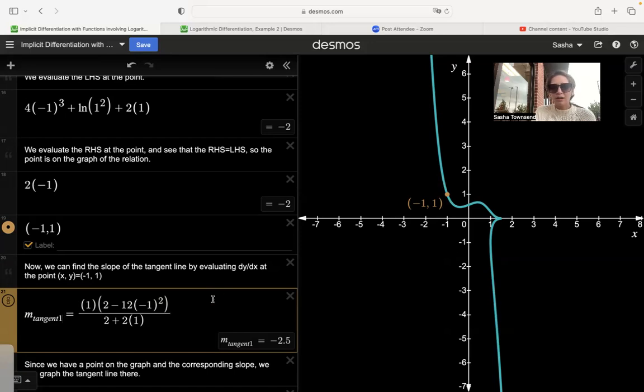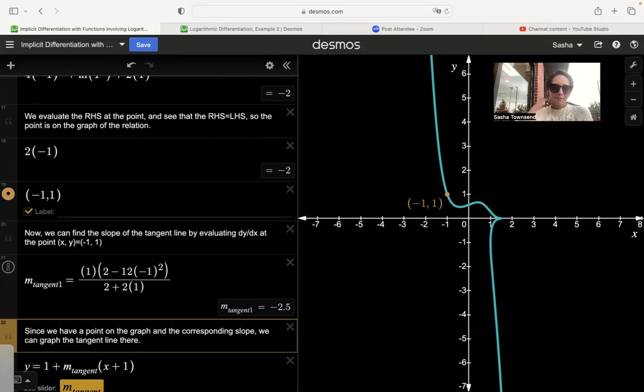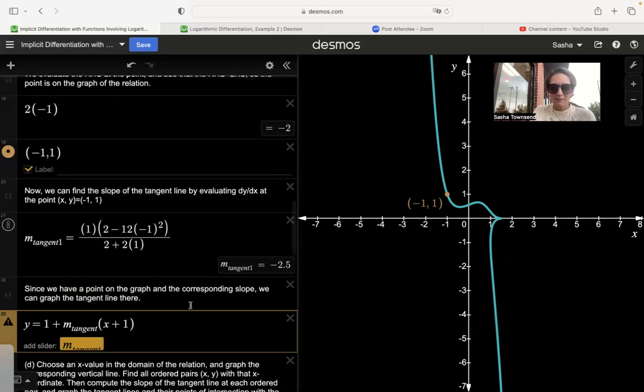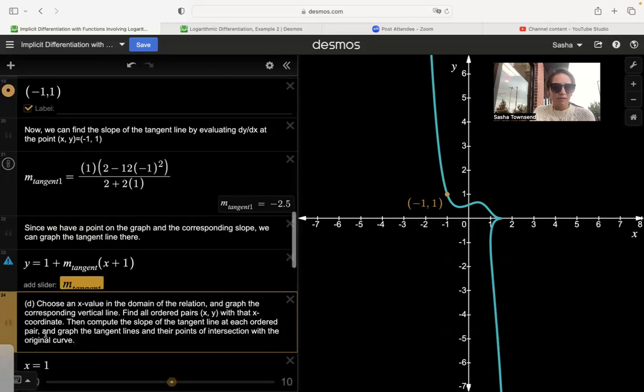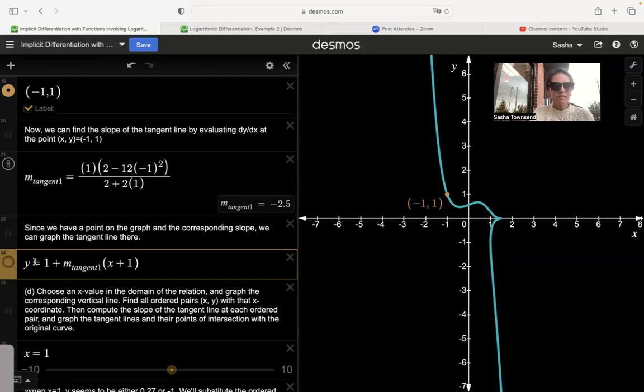And to be sure, we'll graph the tangent line. Hopefully it has the slope of the curve. It should lie tangent to the curve, which means it has the same slope. I know that description was circular. So the equation of the tangent line is y equals the original y value there, which is 1, plus the slope of the tangent line times the quantity x minus x naught, or x sub 1.